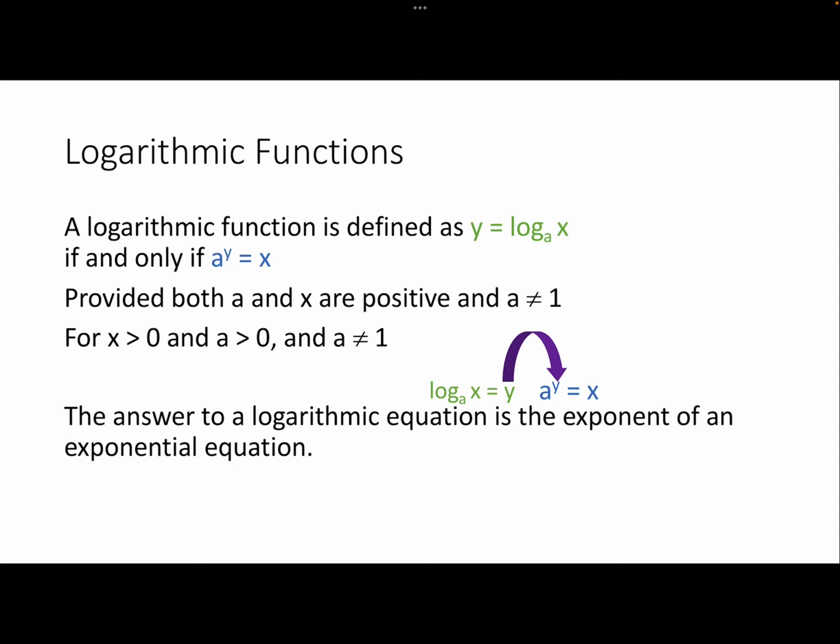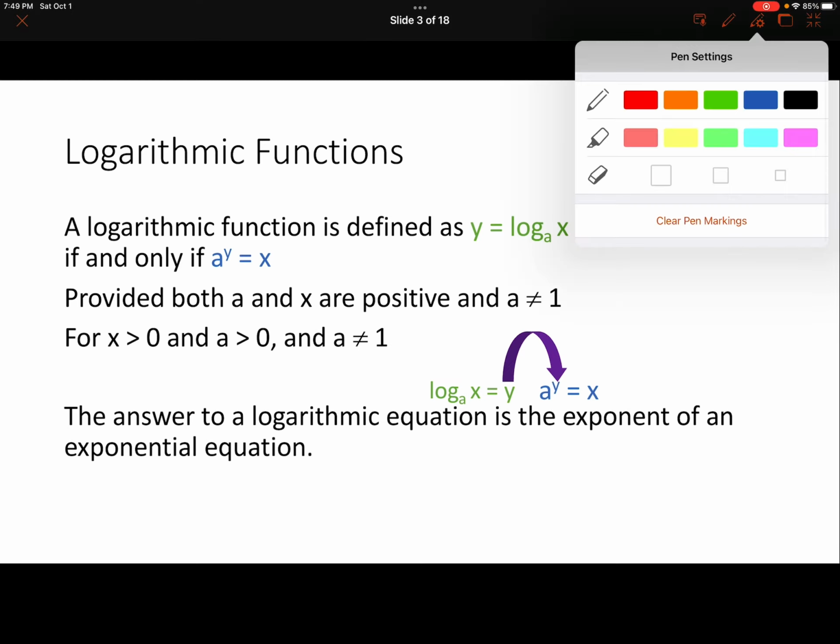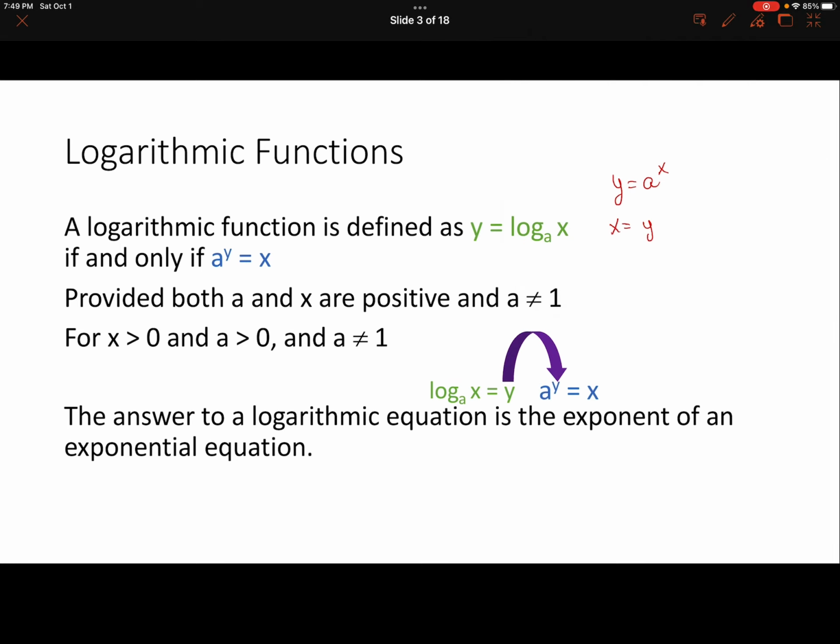Logarithmic functions are defined as y equals log base a of x if and only if a to the y is equal to x. Thus far we had been working with y equals a to the x exponentials, but x equals a to the y is the inverse of that.